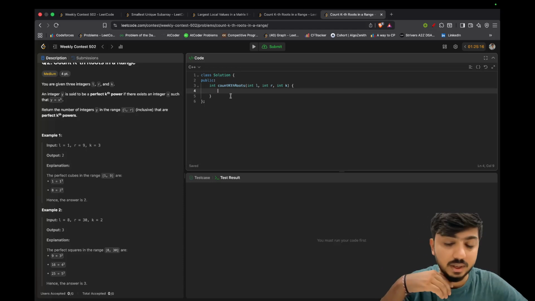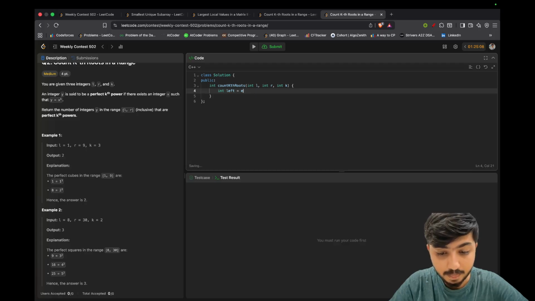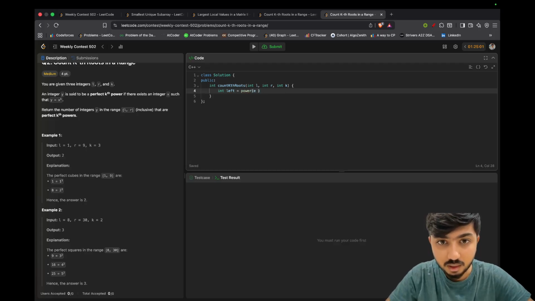But it is visible in code. Int left is equal to e to the power log L by k.